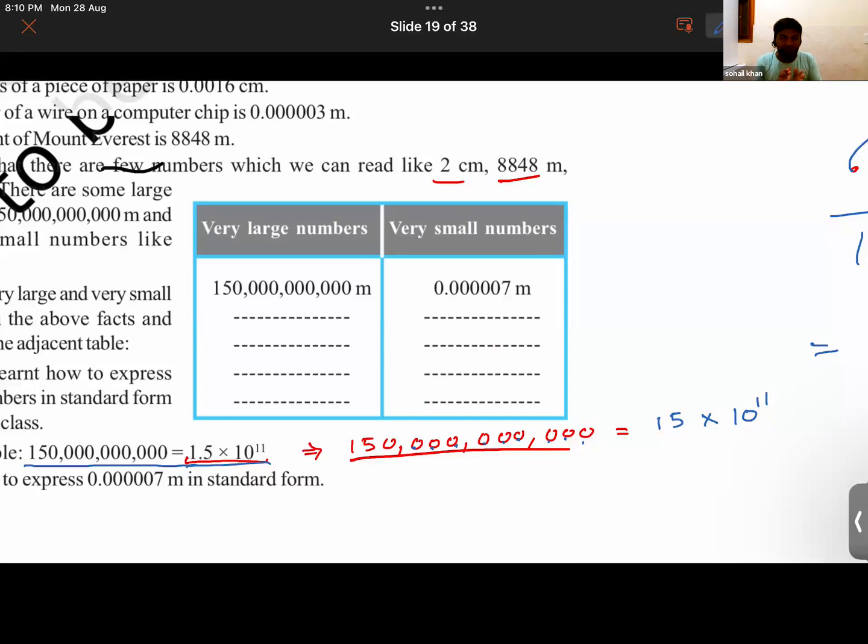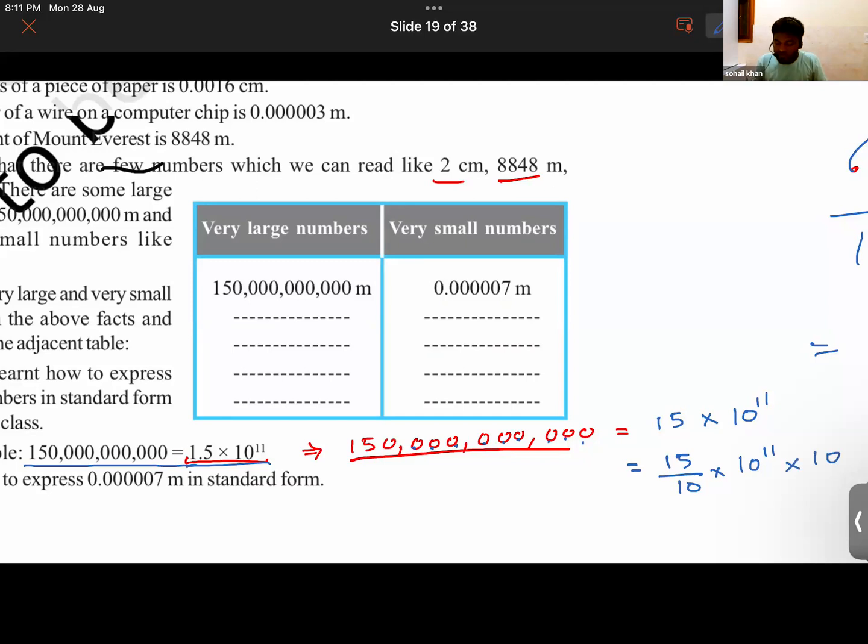Between the unit digit and the tenth digit we have to put a decimal here. So in order to do that, we will divide it by 10, and we will also be multiplying it by 10 so that our value does not change.